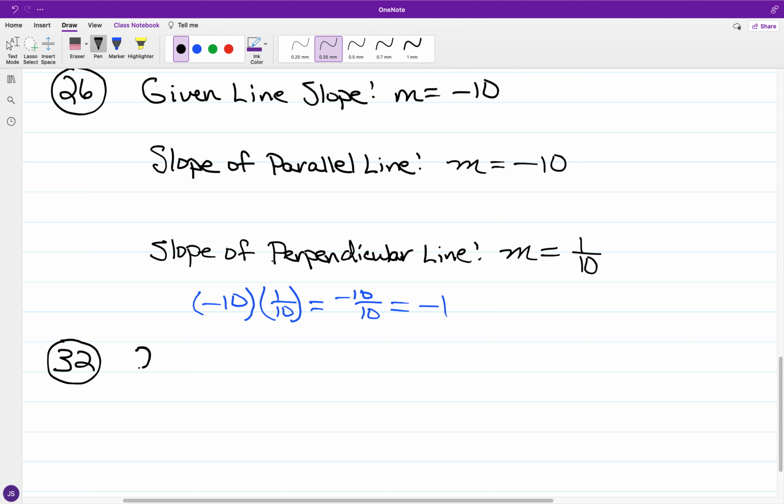We have 432. We have a couple of lines, and the first line is represented by the equation 2x plus 3y is equal to 7, and the second line is represented by the equation 4x is equal to negative 6y plus 2.